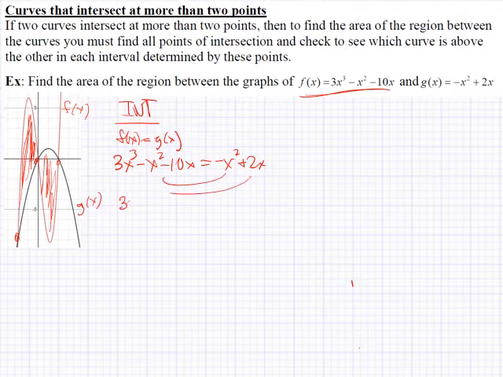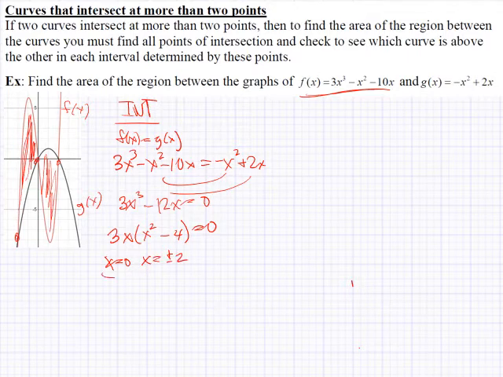I would have 3x cubed, add x squared, they would cancel, and subtract 2x, I'd have minus 12x equals 0. So if I then factored out a 3x, I would then have x squared minus 4, which would give me x equals 0, and then x equals plus or minus 2 from the x squared minus 4. So I got 3 intersection points.